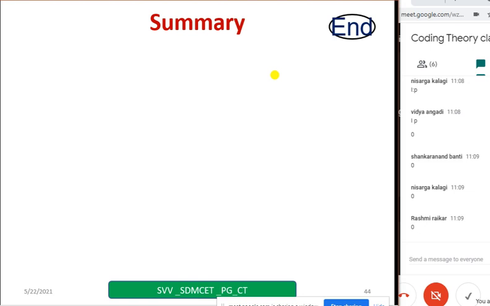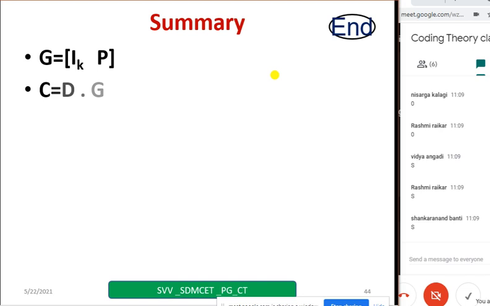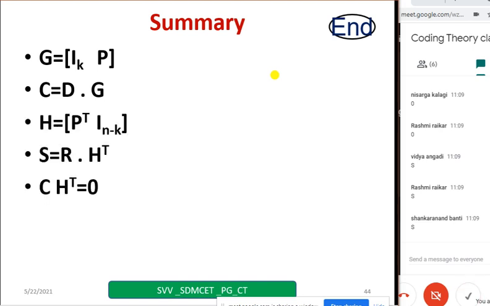And RH transpose equal to S, and S may be 0 or may not be 0. It depends on whether an error has occurred or not. Hope most of you have become expert in these things. And once you remember this, most of the problems will become so easy to solve.